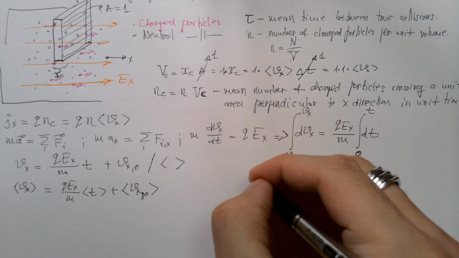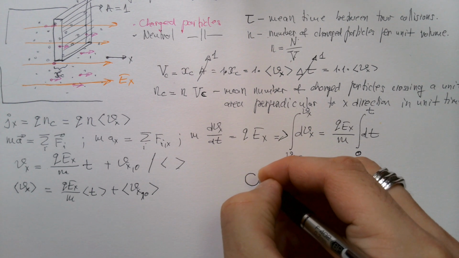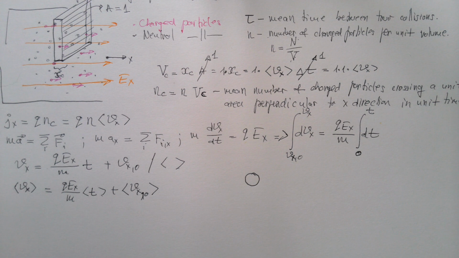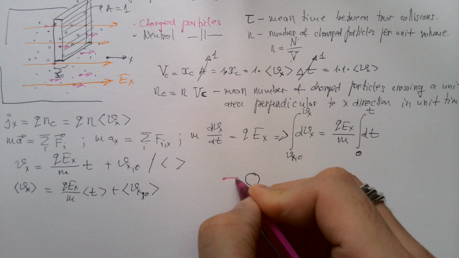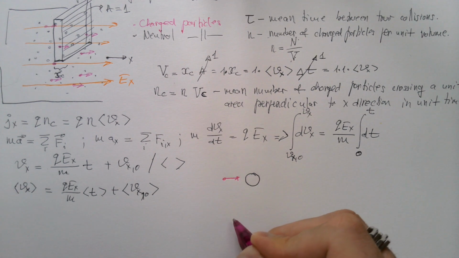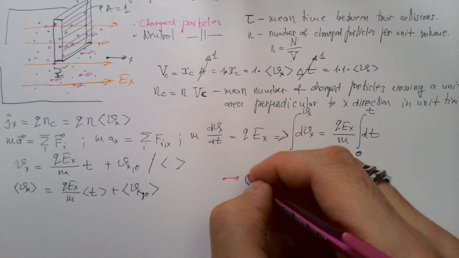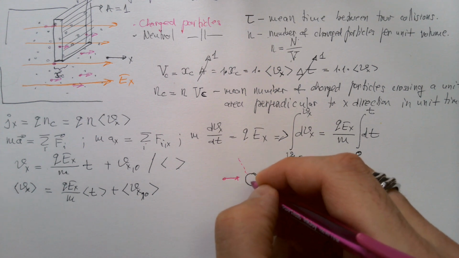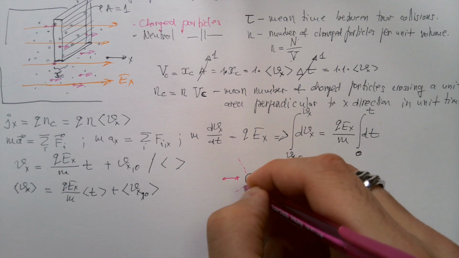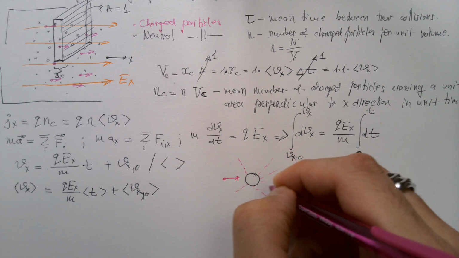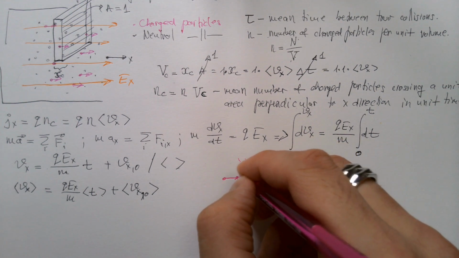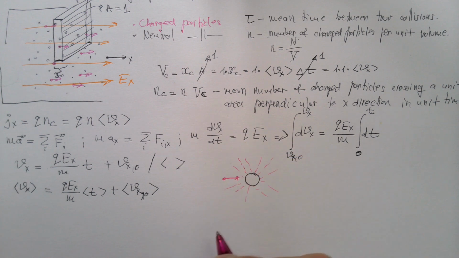What I mean by that is the following. Let's say here is my neutral particle, and here is a charged particle that is going to collide with this neutral particle. After the collision, this charged particle on average could continue in any given direction. On average, that's very important.